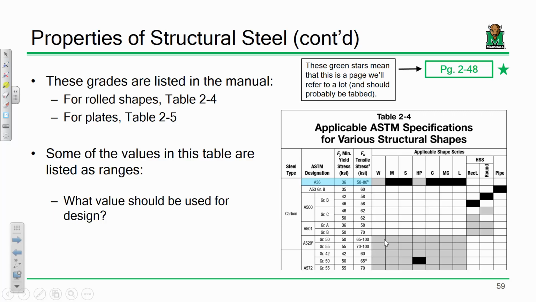The reason is that for this particular grade, A36 steel has a way of exhibiting different ranges of ultimate tensile stress. One of the things about material science in general is that the larger the strength, the lower the ductility. And so A36 steel might not be as ductile as you need, and they report that range so that you understand that could be an issue in earthquakes.